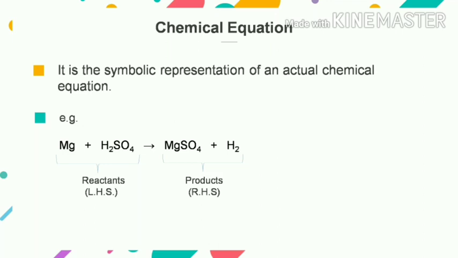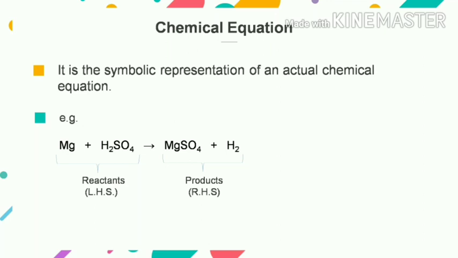Following this chemical equation, it is very clear that while writing a chemical equation, the symbols and formulae of reactants are always written on left hand side and these are separated by plus sign. Like in this reaction, magnesium and sulfuric acid are the reactants and these are separated by plus sign.